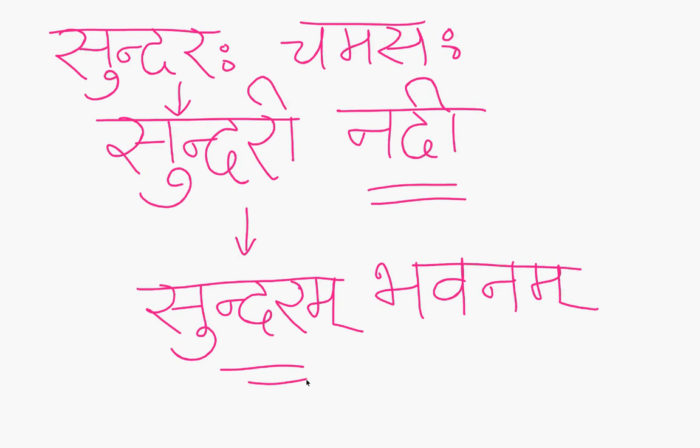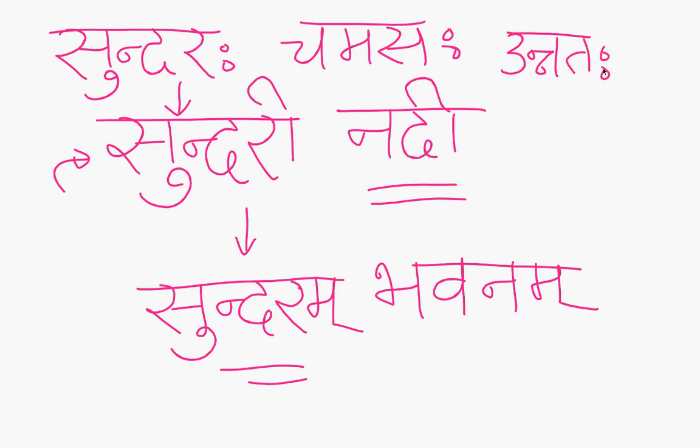But all the Visheshana words or adjective words need not be in the same format. They have their own forms. What is the other example? Unnata, for example, tall. In the Pullinga it is Unnata.